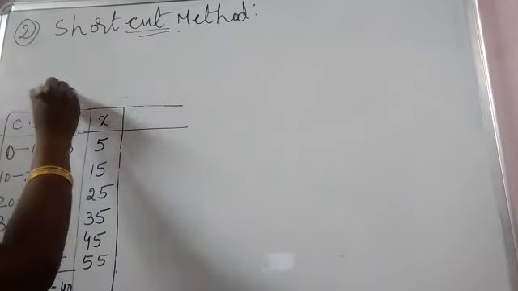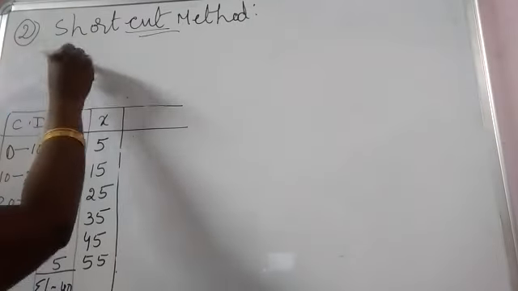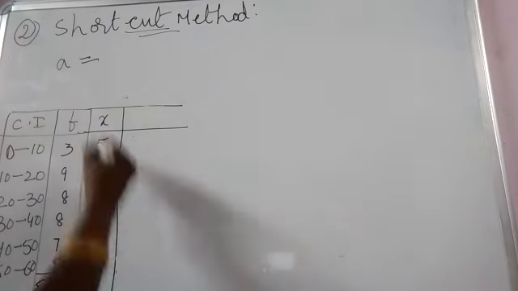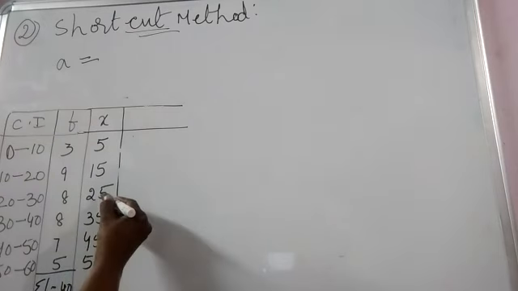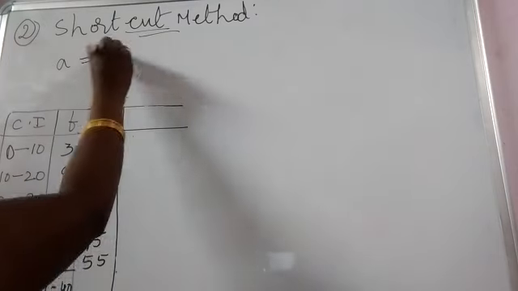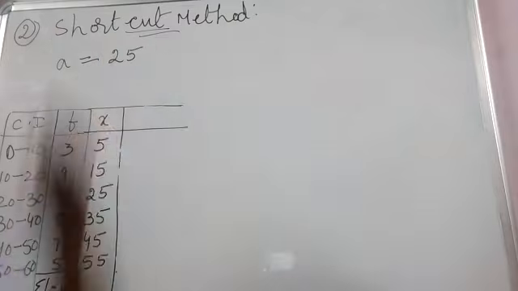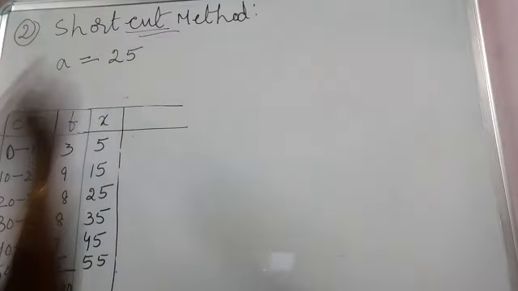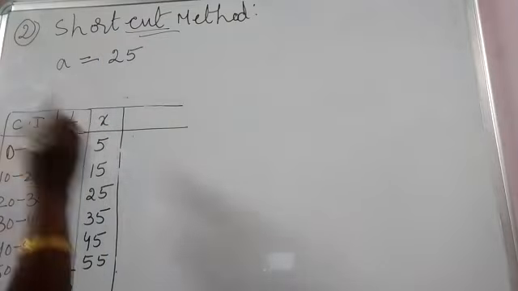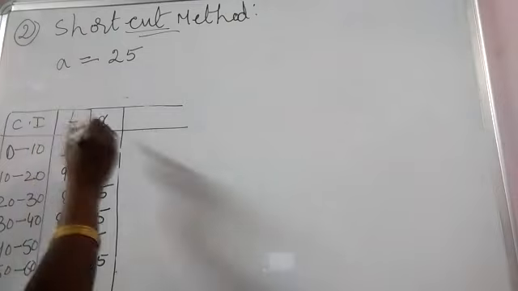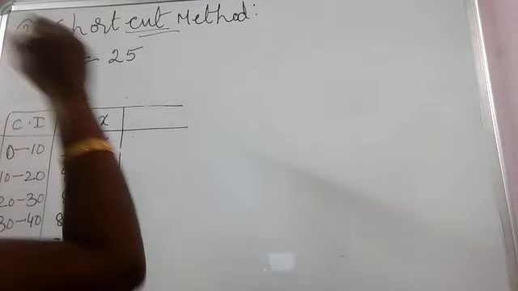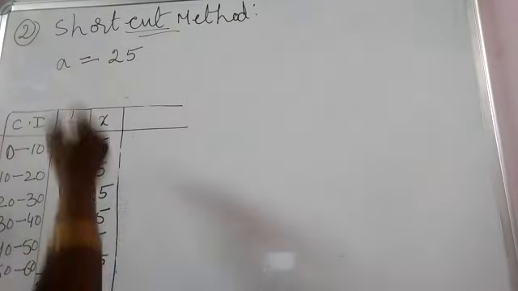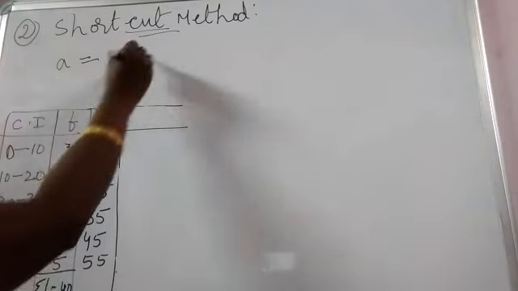So let me take assumed mean as, see 6 variates are there, either this or this we can take. Let me take 25. Assumed mean is 25 I have taken, and now you have to find deviation from the assumed mean for each of these class marks.